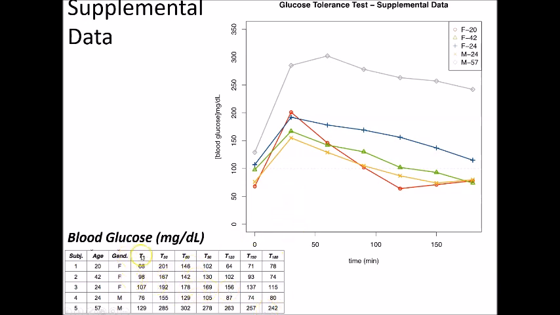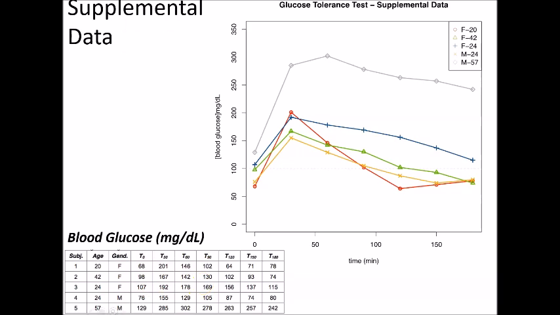So just looking at it, you can see subject number 1 is a 20-year-old female. Her fasting glucose was 68. That's a little low if we use 70, but we'd say that's right near the lower limit of normal.